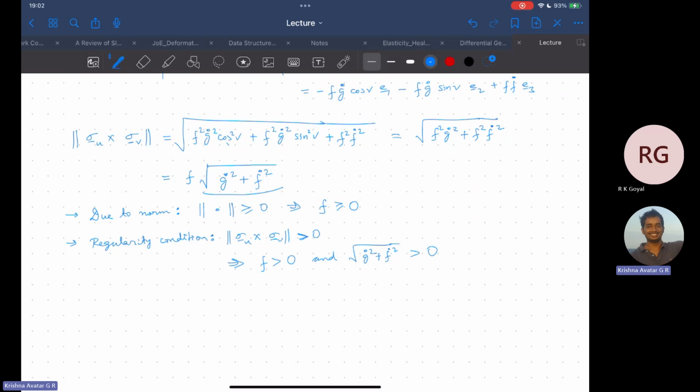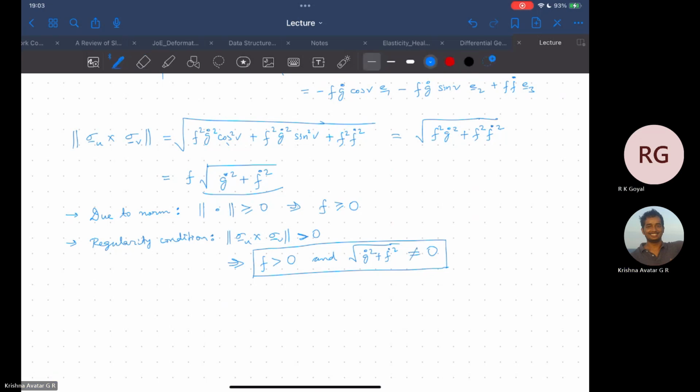So the regularity condition enforces a strict requirement that f has to be greater than 0, and also that the root of f dot square plus g dot square has to be greater than 0. This is well known, but this must not be equal to 0.